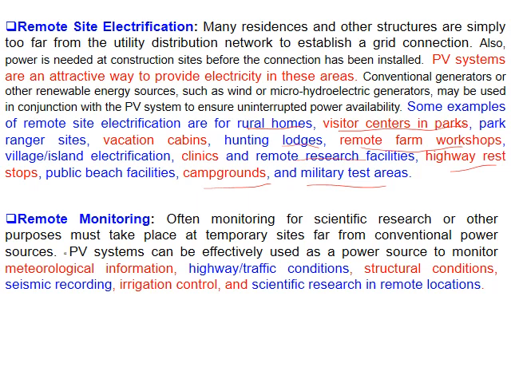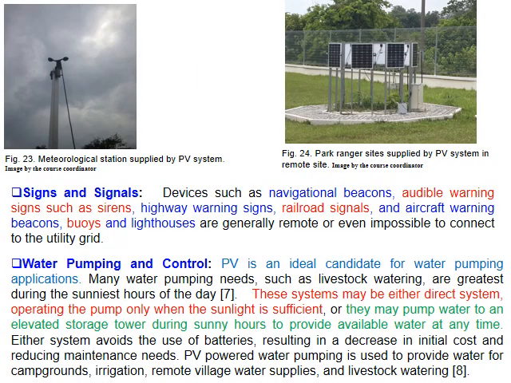Also remote monitoring, especially for research, needs remote monitoring. Some applications, for example, are highway traffic conditions, structure conditions, seismic recording, irrigation control, scientific research. All these remote monitoring systems need a source of energy. Solar cells could provide the needed energy.